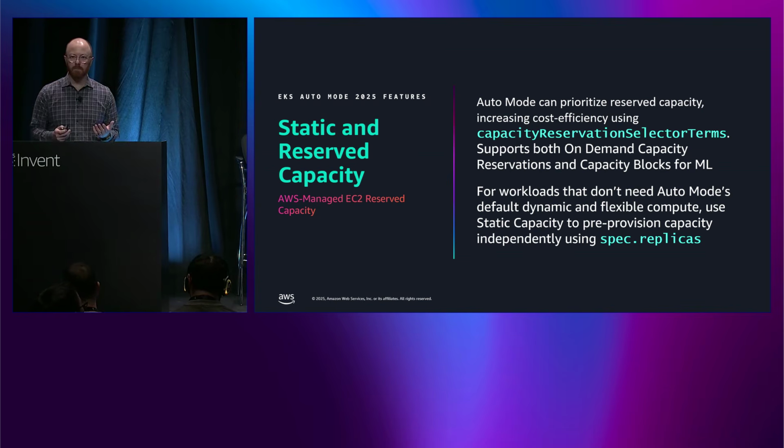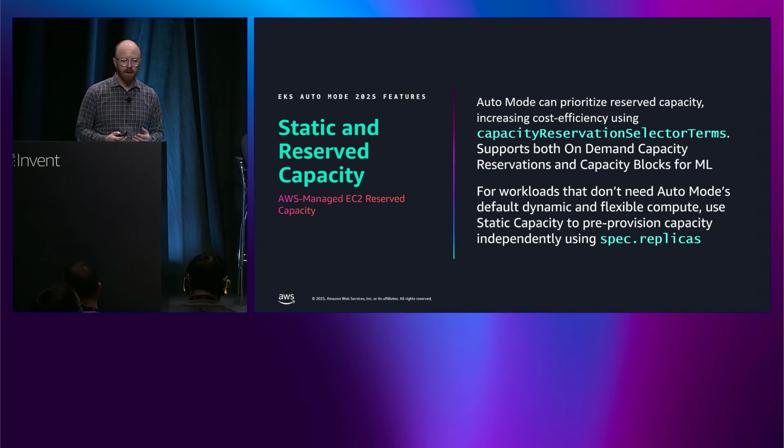So I mentioned Auto Mode by default has this very dynamic and flexible compute management model powered by Karpenter, but not all workloads need that kind of dynamism. And for that, we've introduced a feature we're calling static capacity. So this is a very different style feature.